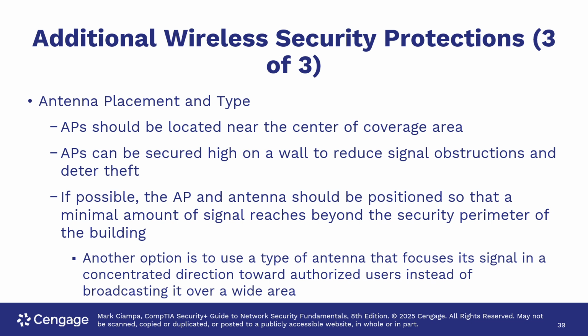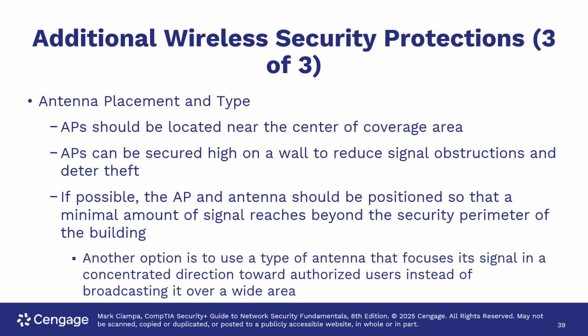The access point should be located near the center of the coverage area. They should be secured high on a wall. So if you look at the ceiling in the classroom, they're up on the ceiling. Or if you're in a hotel, sometimes you'll see them up on the ceiling of the rooms. They should be secured high on a wall to reduce signal obstruction and to deter theft.